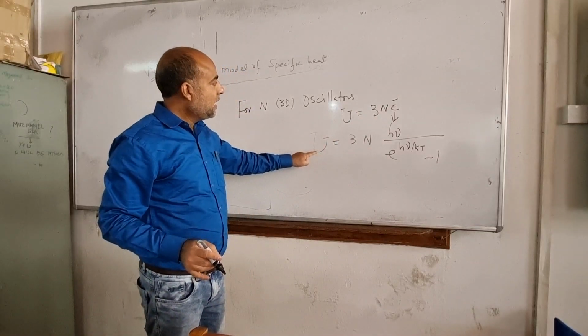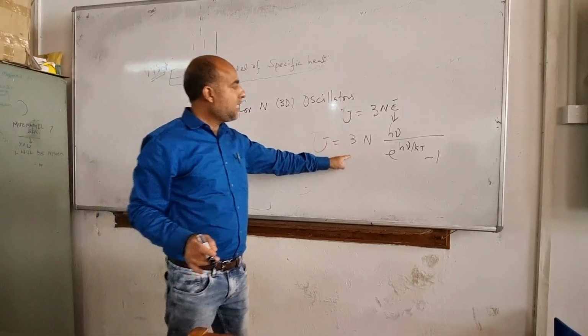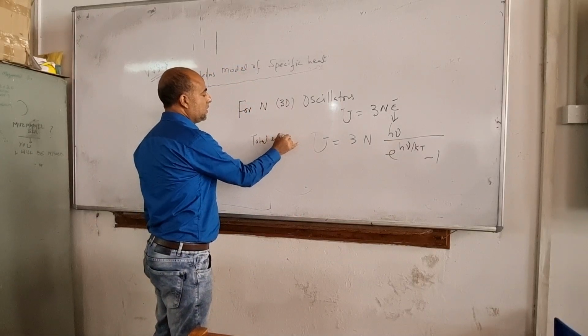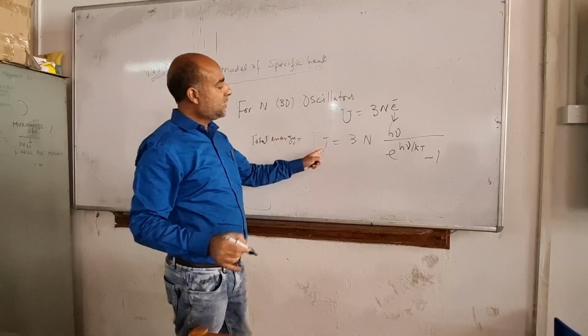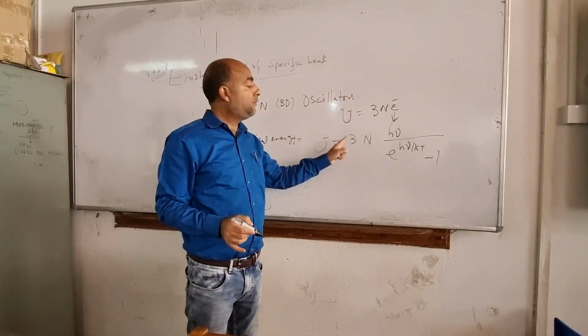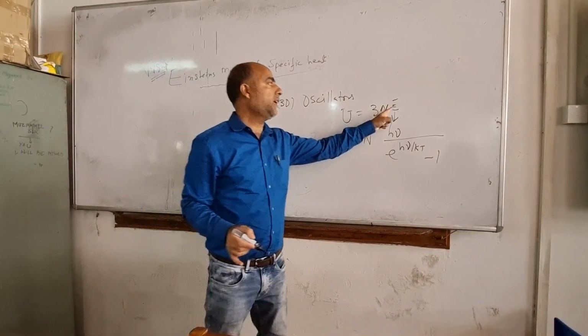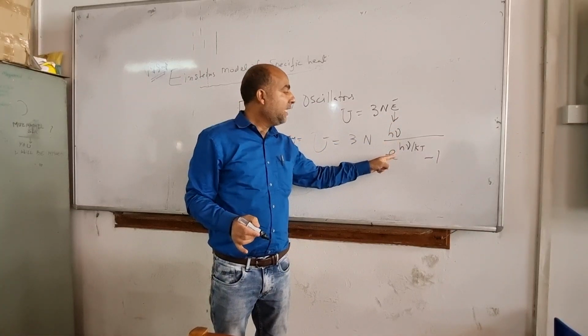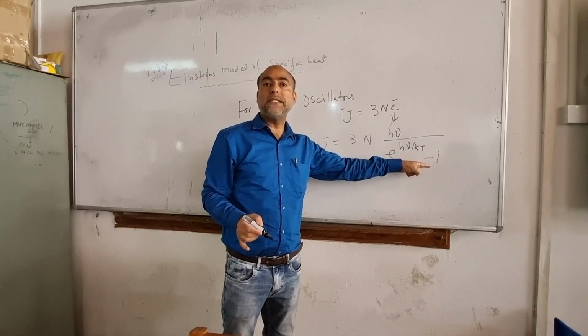So your total energy, represented by U, will be equal to 3n times, for E bar, the value h nu by e raised to the power h nu by kT minus 1.